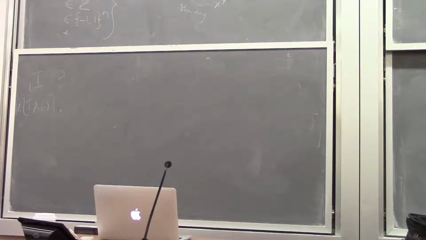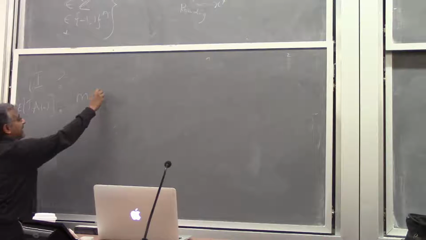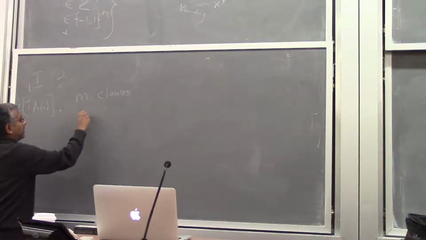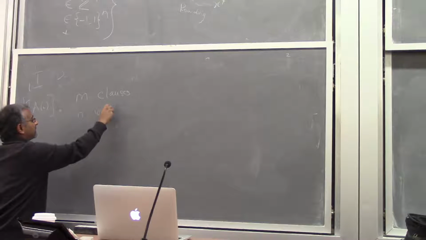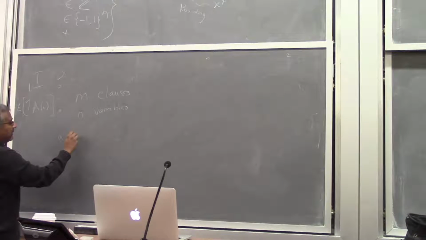I do know that SAT is a very unusual problem. Let's say a SAT instance has m clauses and n variables, and let's say this ratio alpha is equal to m over n.